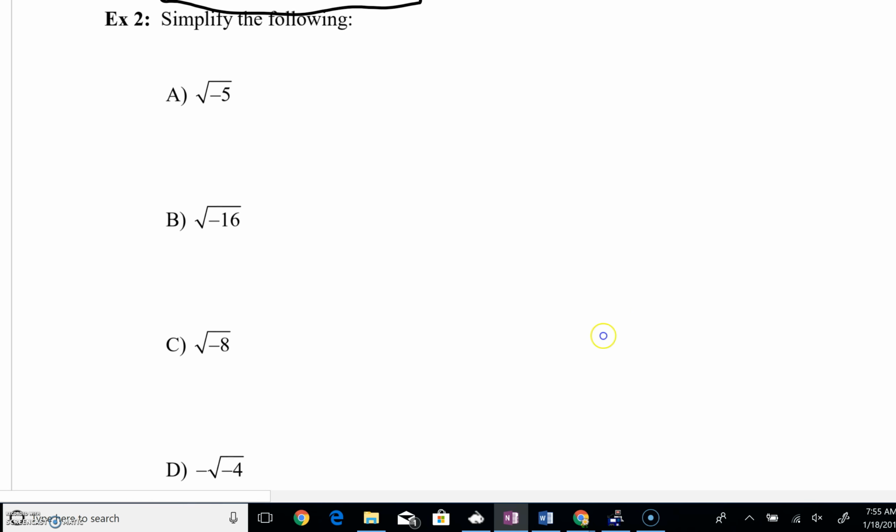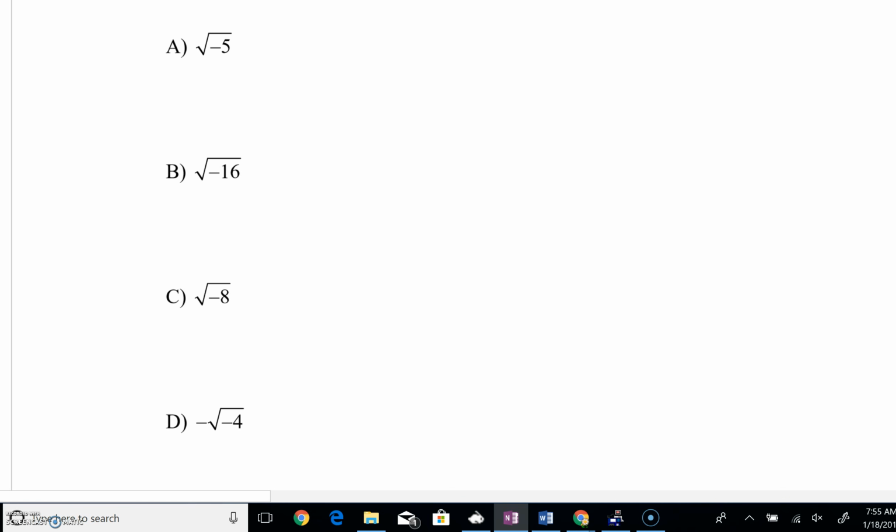Now, the rest of the problems here, as we look at these next 4, we're just going to do some breaking down. Square root of negative 5, we've got a student who thinks he knows what to do. What should we do you think? Yeah, good. Guys, please hear this loud and clear.